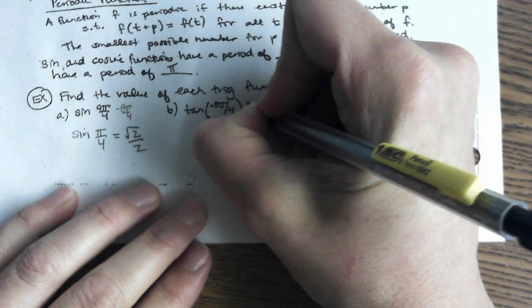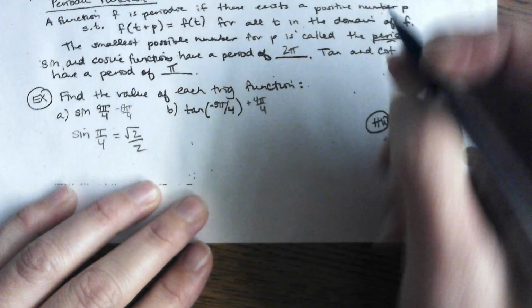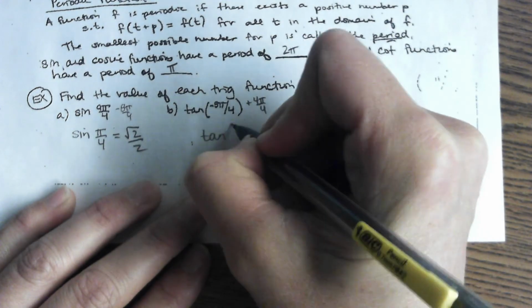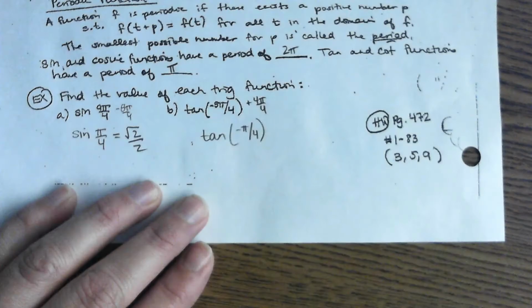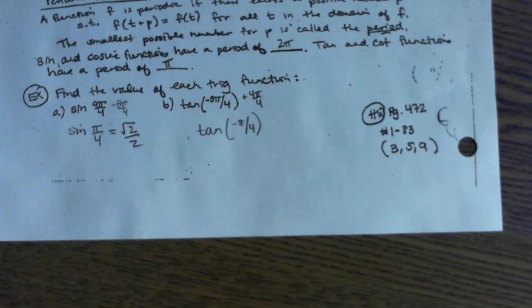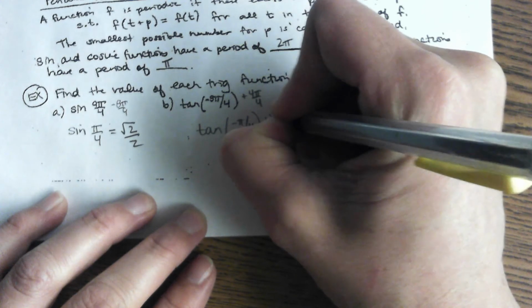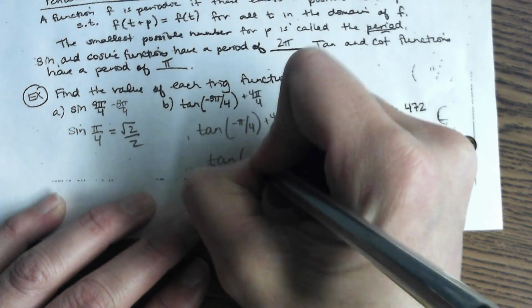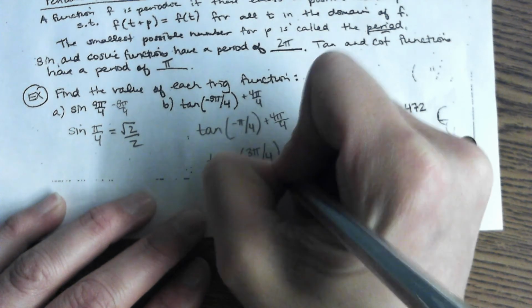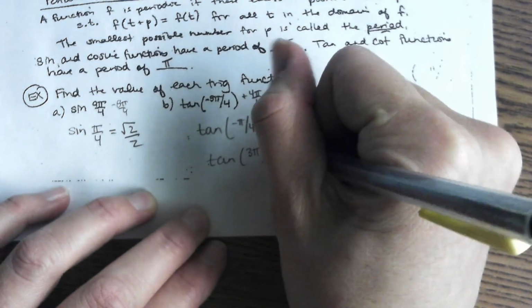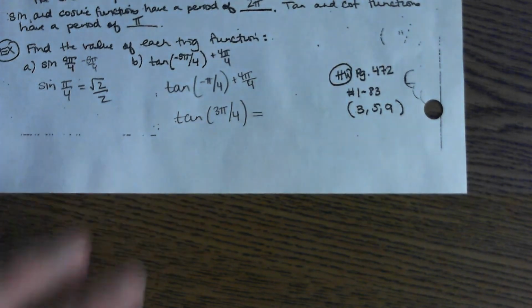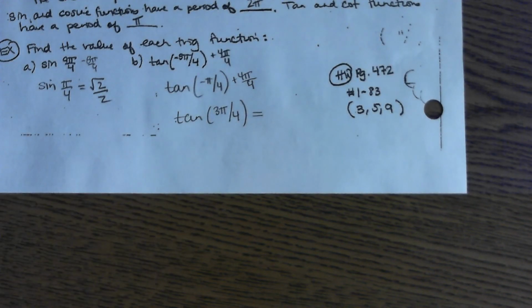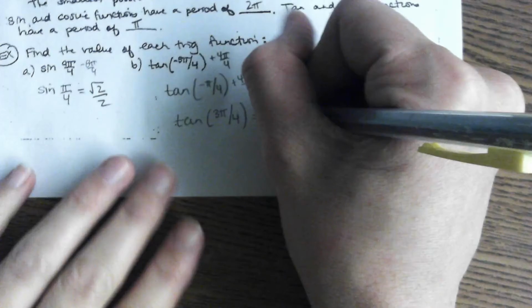So I can add 4 pi over 4, and that'll be the tangent of negative pi over 4. And if I still don't like that, I can add another 4 pi over 4 on. And that would be the tangent of 3 pi over 4, which is a reference angle of pi over 4. And so its value is 1.